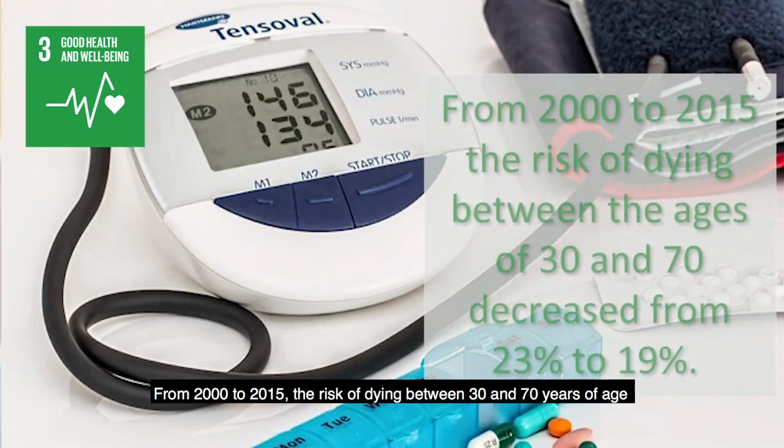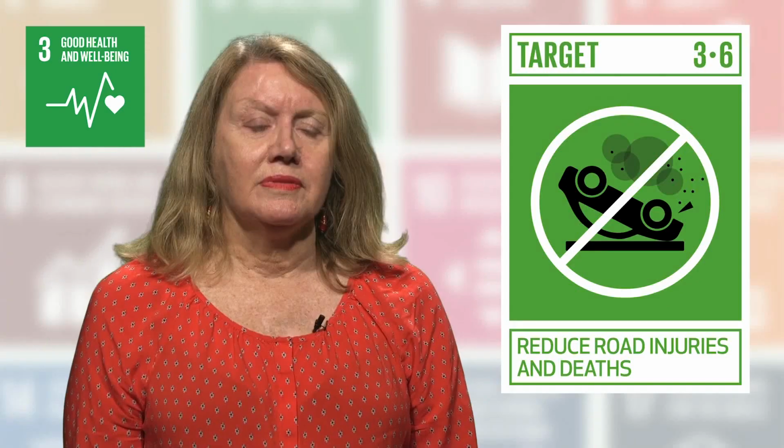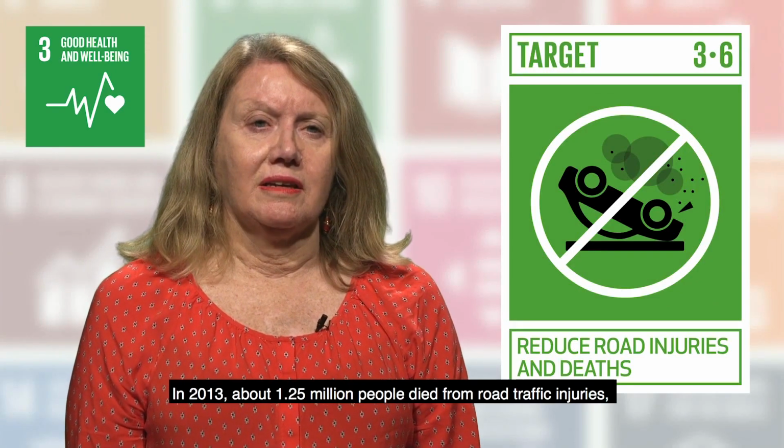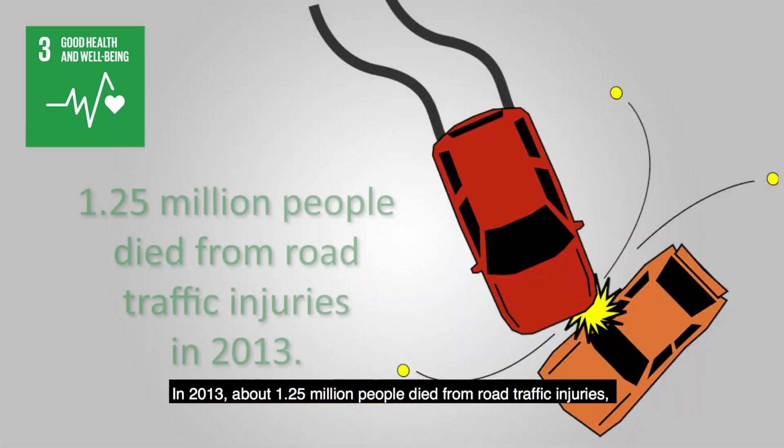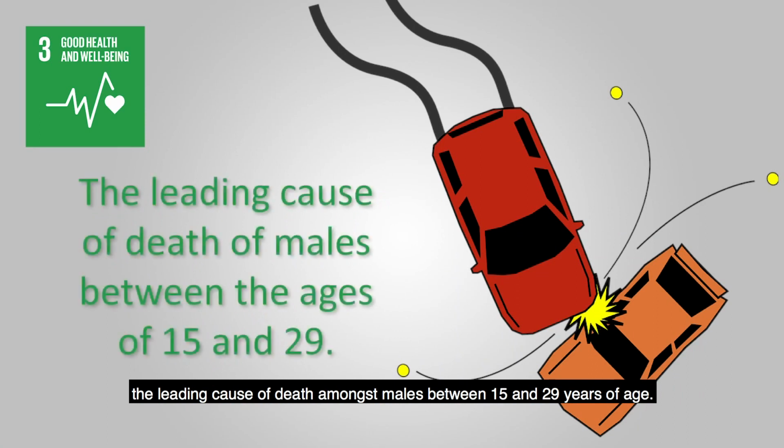From 2000 to 2015, the risk of dying between 30 and 70 years of age from one of those four causes decreased from 23% to 19%, falling short of the rate required to meet the 2030 target of a 1/3 reduction.